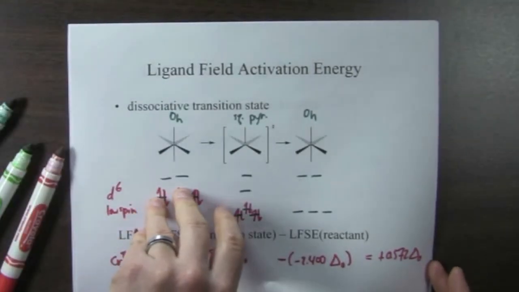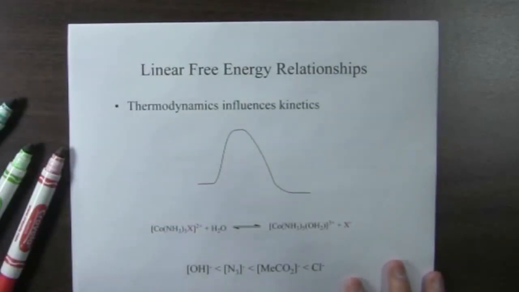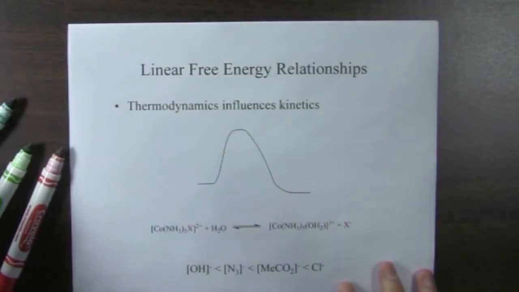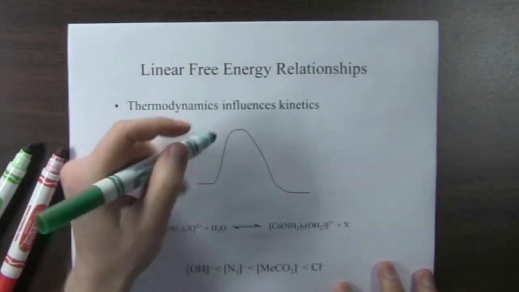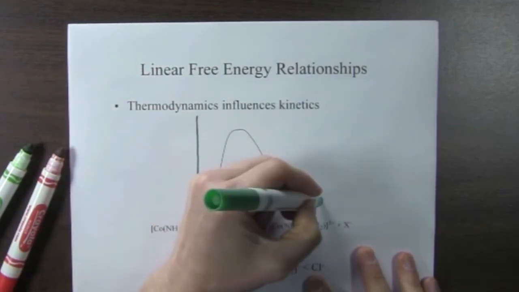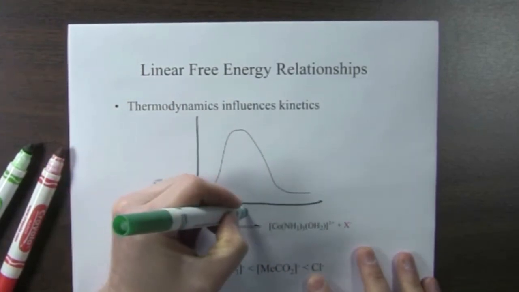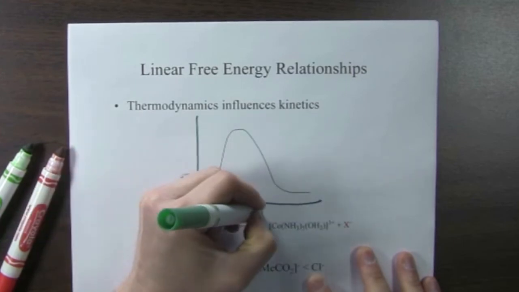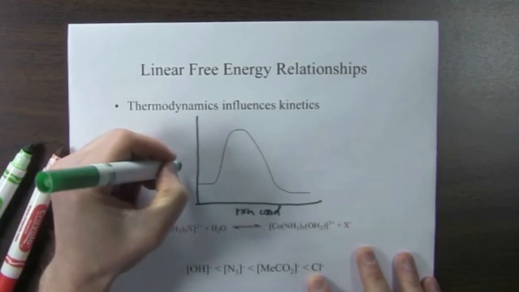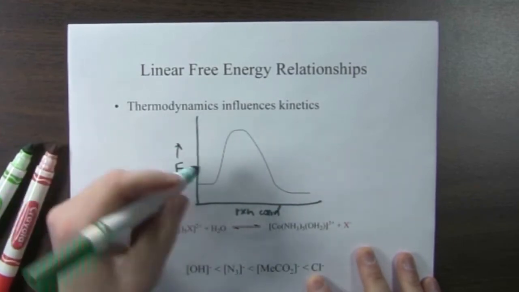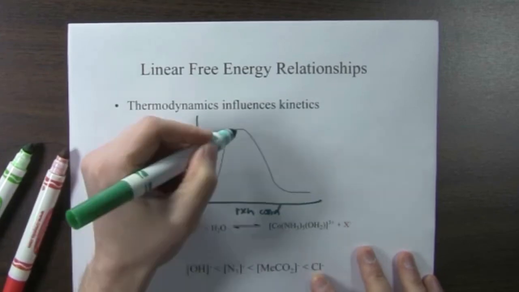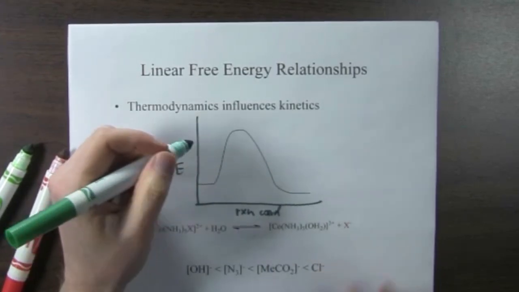Other factors that contribute to the reaction mechanism are actually going back to the thermodynamics. So here's again our reaction coordinate diagram and our energy here. So our reactants, transition state, products.